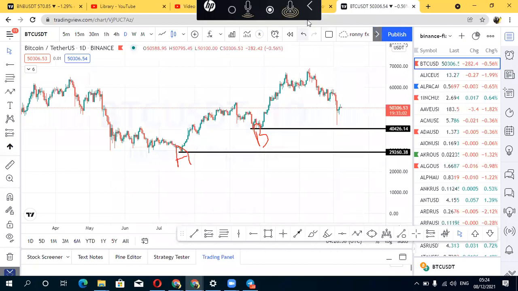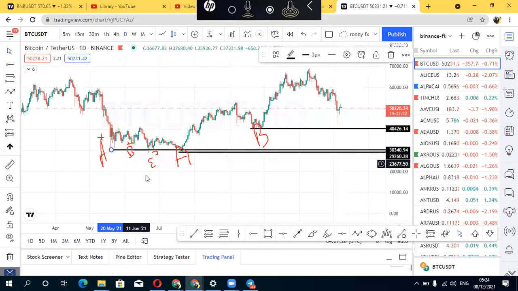But if I come behind here, for example, and create a point like A plus, and then another point like B plus, and then C plus, you are going to realize that I can easily draw a support and resistance line to analyze this market, because all these levels are almost at the same point.